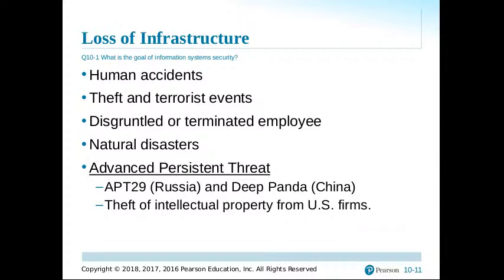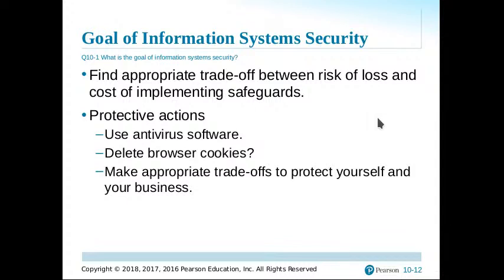So that's very important. That means the security of information systems is very important, because it deals with keeping everything secure as much as possible.